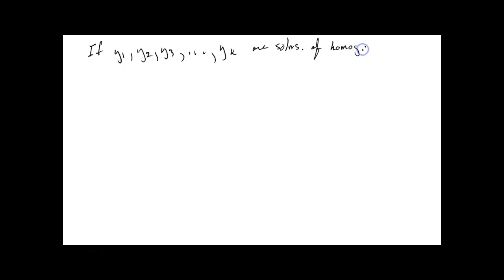I'm not going to write down what it is. You know that homogeneous part, a sub n, a sub whatever, times the ith derivative, and you step on through it. If all those are solutions of the homogeneous part, that's equation 6, on some interval I, and y sub p is a particular solution.